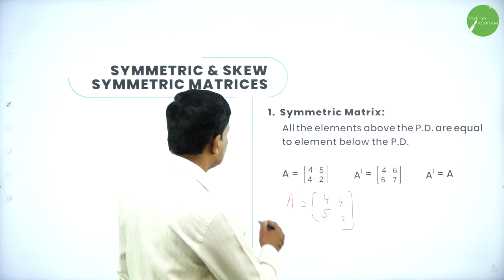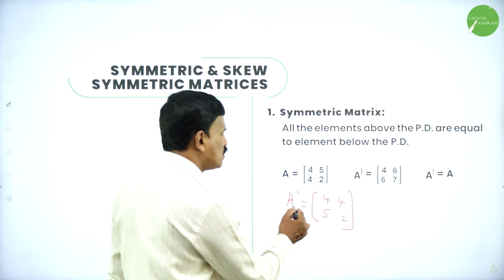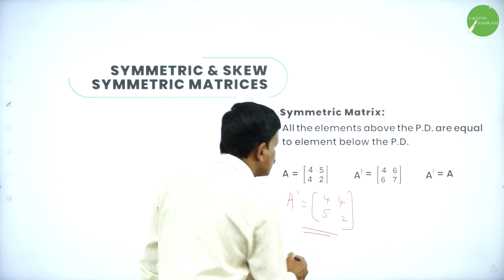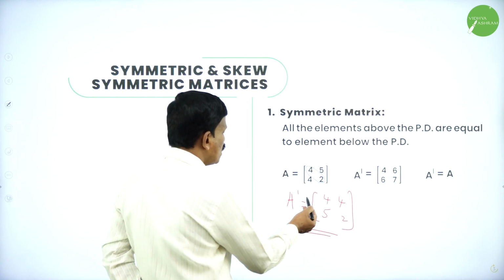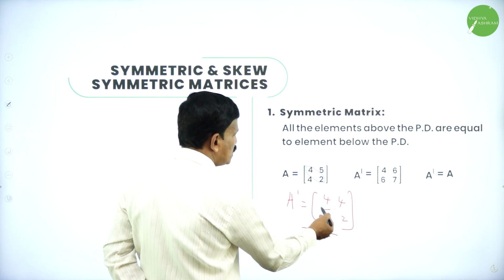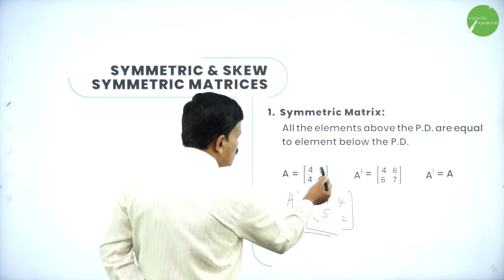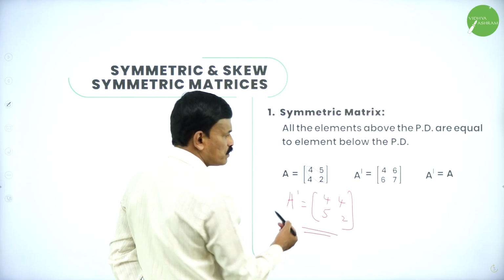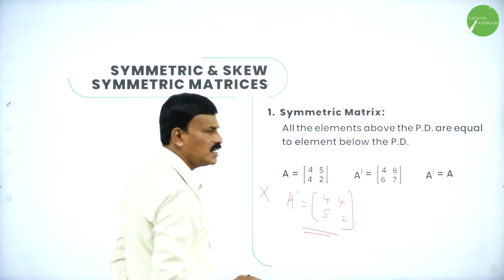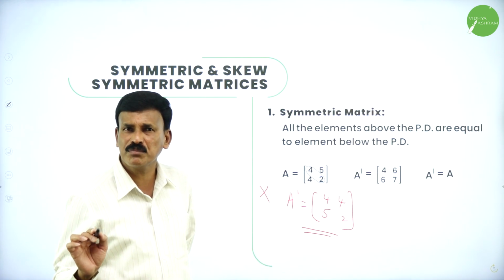See here, the transpose of this. This is not a symmetric matrix because if I transpose this, I won't get the same matrix. See here, there is a change, because the elements above the principal diagonal are not equal to elements below the principal diagonal. So this is not an example for a symmetric matrix, it is just a square matrix.